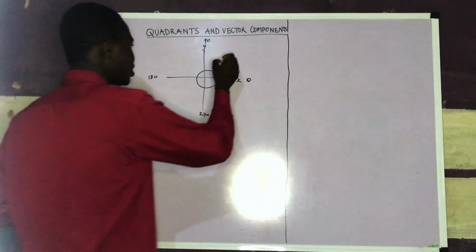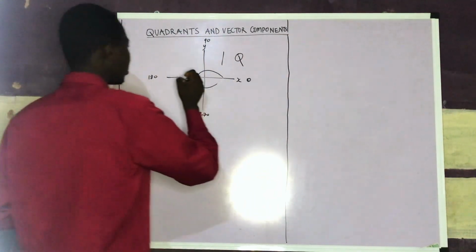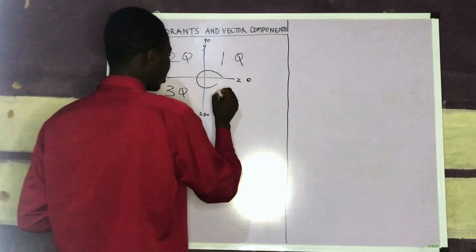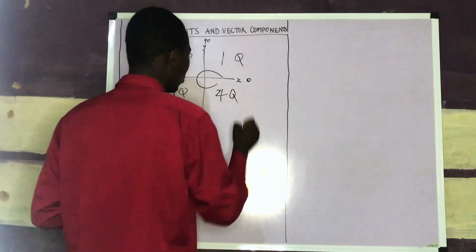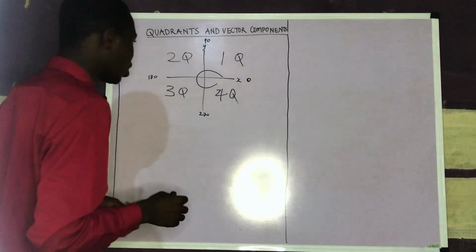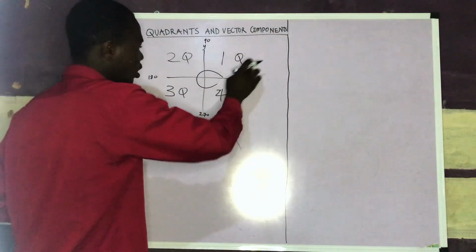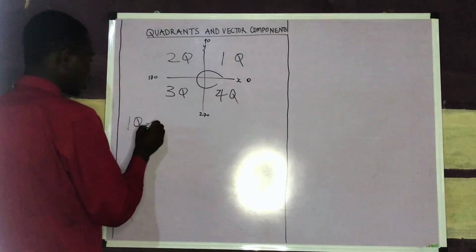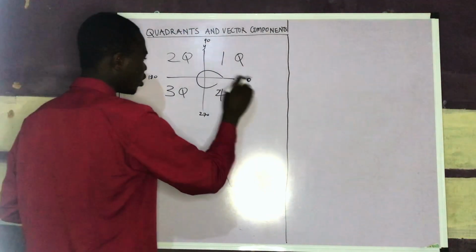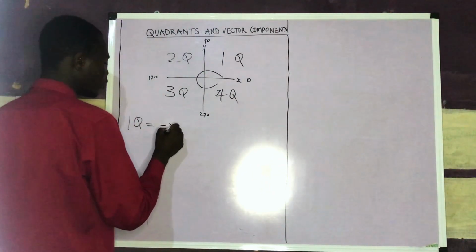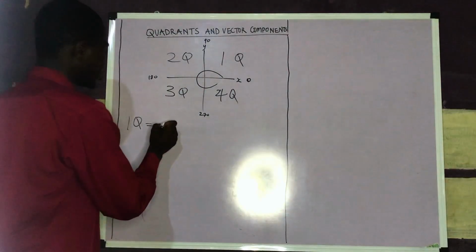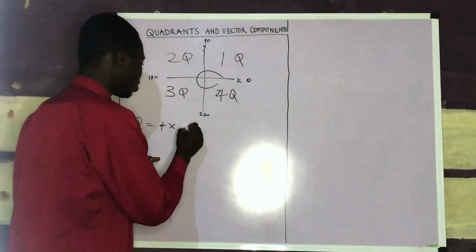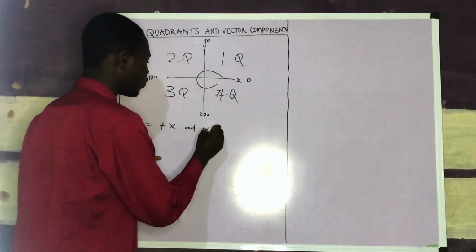So this is our first quadrant. This is our second quadrant. This is our third quadrant, and our fourth quadrant. So to measure, if you are given a vector, let's say in the first quadrant, that means you'll be given a value that is in a positive x-axis and in positive y-axis.